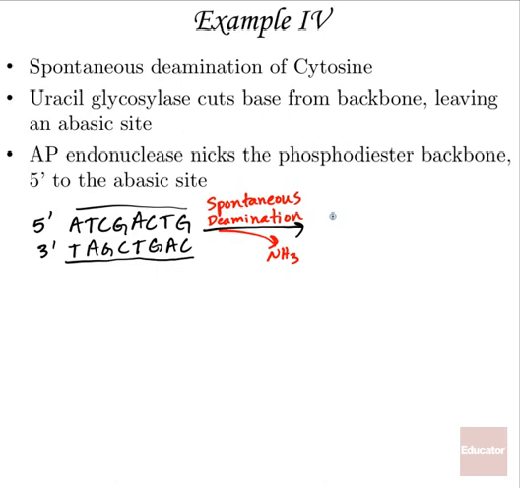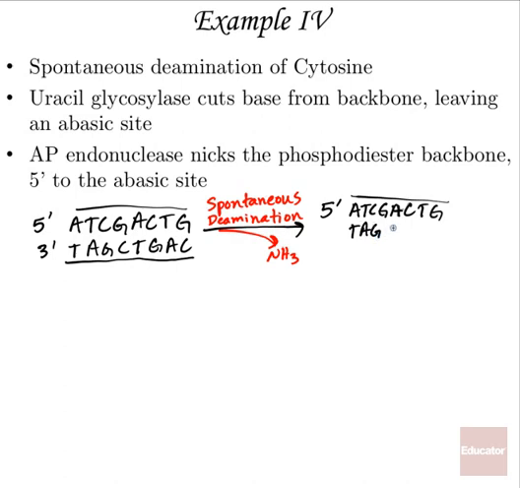So what that leads us to is A, T, C, G, A, C, T, G, and then TAG.